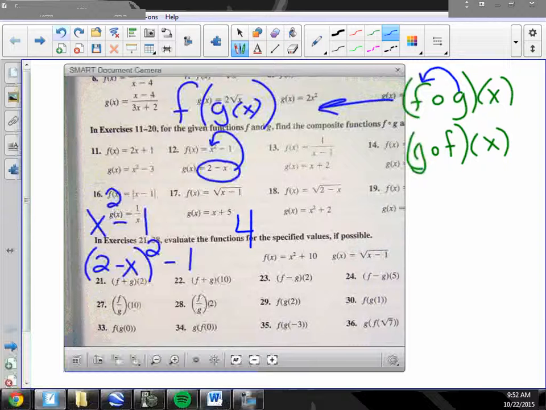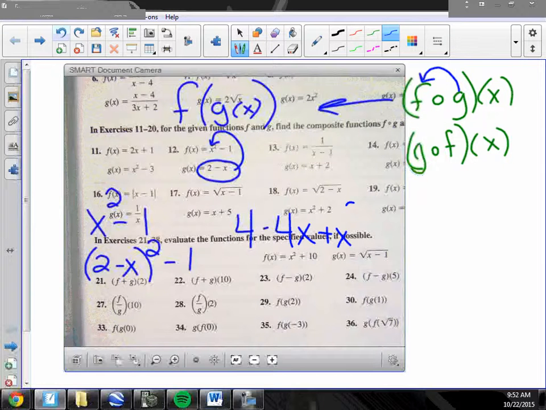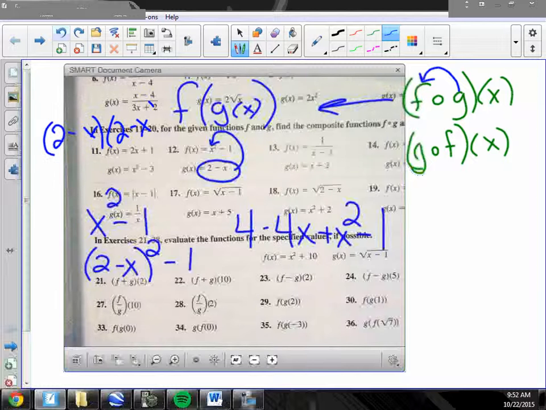We need to double that, negative 4x. And then negative x times negative x is plus x squared, minus 1. Does that make sense? I did 2 minus x times 2 minus x. So x squared minus 4x plus 3.